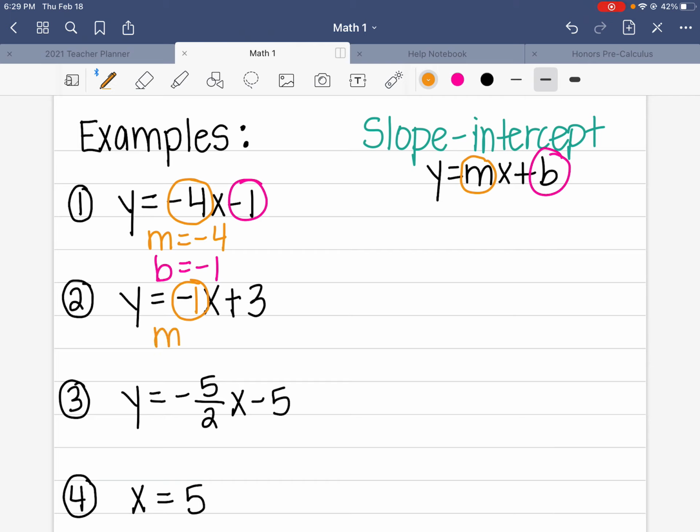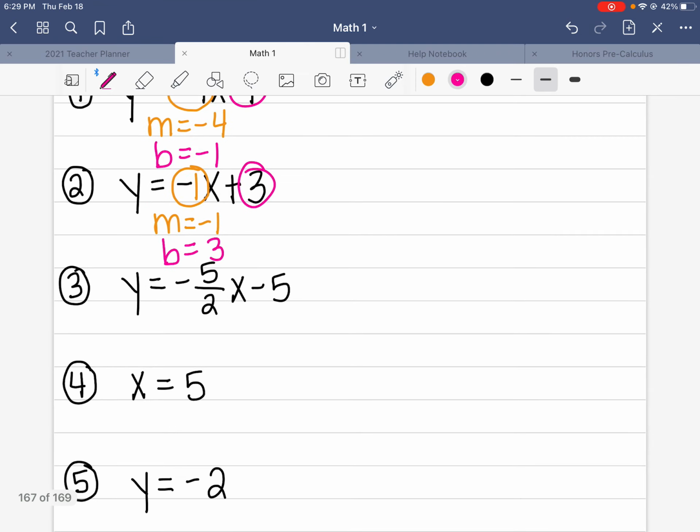So my slope is -1, and my y-intercept is 3. For number 3, I have y equals -5 over 2x minus 5. So my slope is -5 over 2, and my y-intercept is -5. You need to make sure you include the negative, the subtraction sign, with that value.